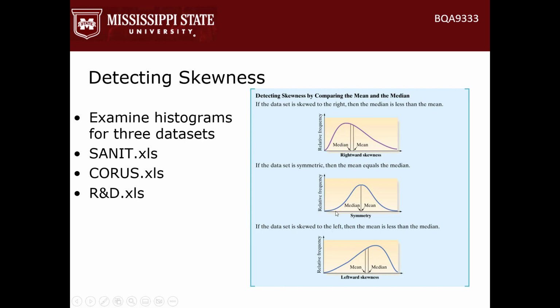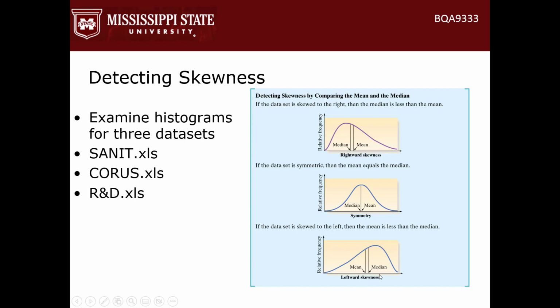So if you have this right skewed distribution, then you will have the mean greater than the median. If the data is symmetric, then the mean is exactly equal to the median because the mean is in the center of the distribution, and the median is in the center of the distribution. And a similar thing for skewed left, but this time the mean is less than the median. Maybe I'm being too nice and I've got lots of scores around 80, 90, and somebody just turns up, writes their name and gets like 1.